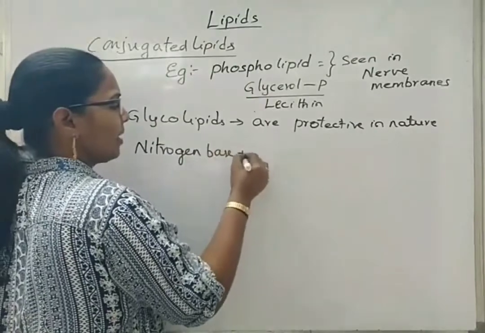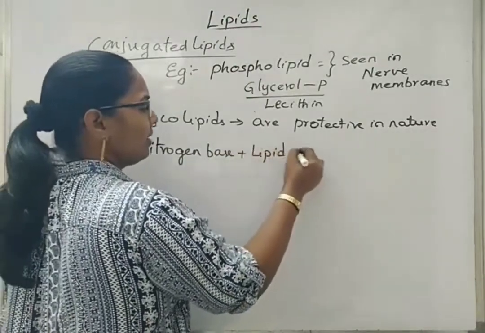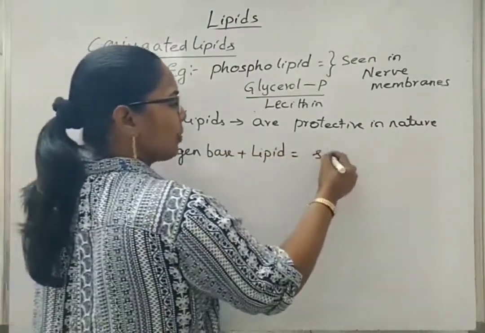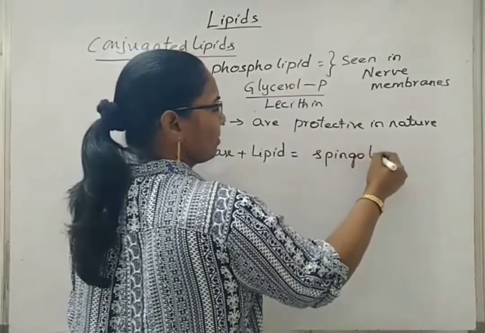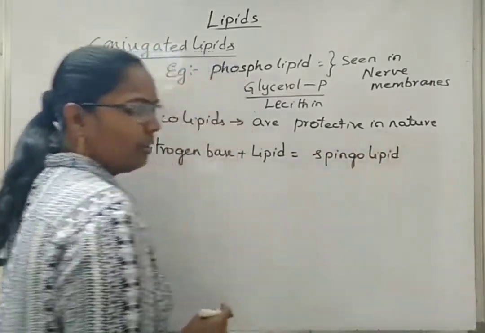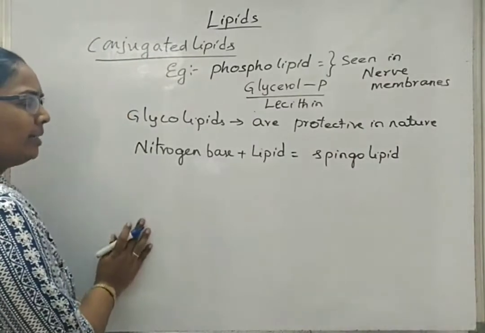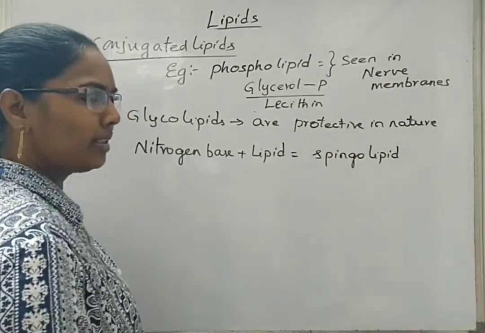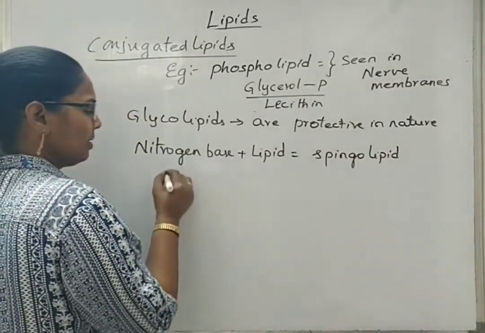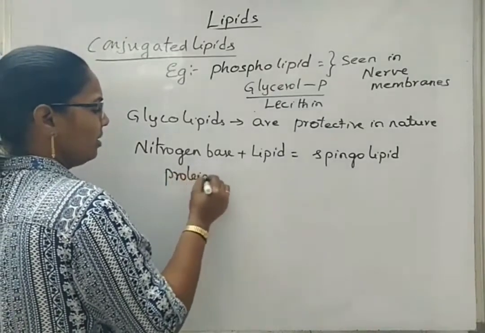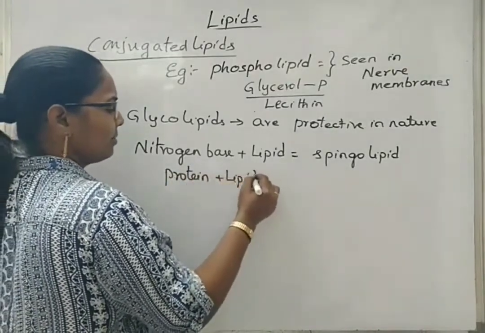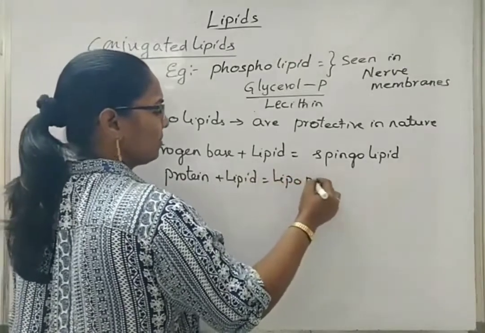Nitrogen base plus lipid, the term changes to sphingolipid. And when lipids are bound with proteins, obviously the term will be lipoproteins. So, protein plus a lipid gives lipoproteins.